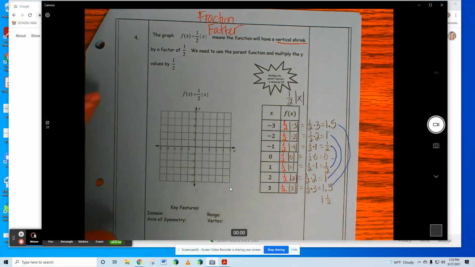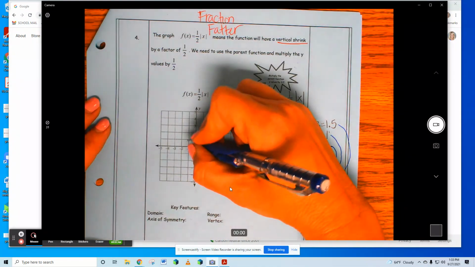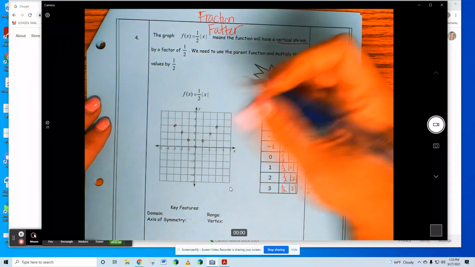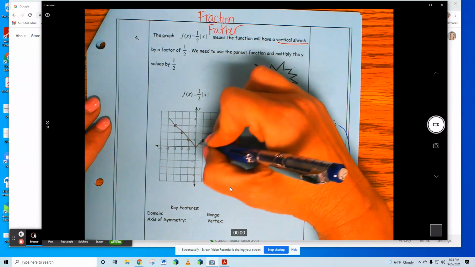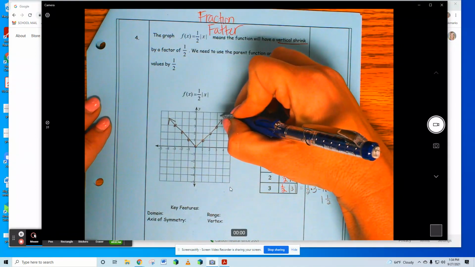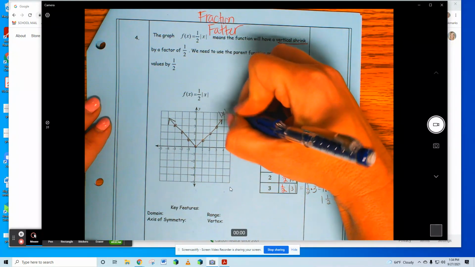And then you need to graph your new one, and we'll make some observations about what changes. This is my normal absolute value of x.